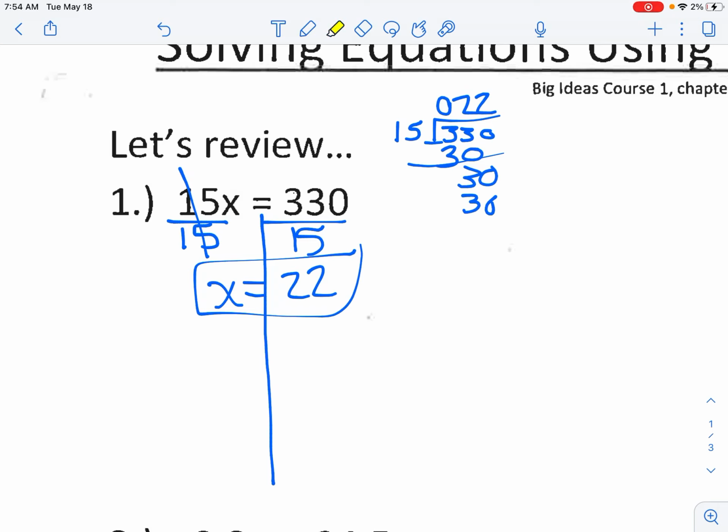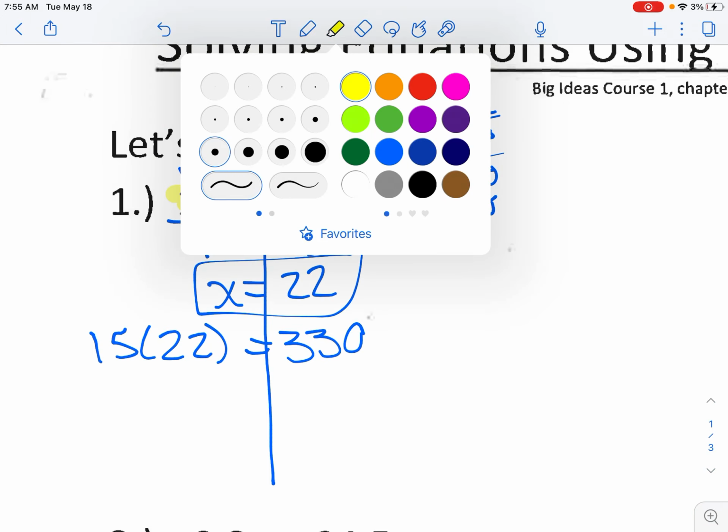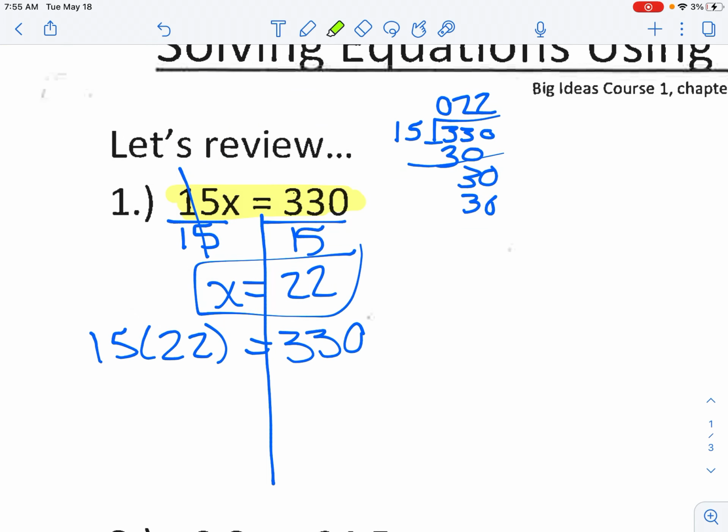Now comes substitution. Substitution is when we rewrite 15x equals 330, but we're going to substitute 22 for x. So we're going to say 15 times 22 equals 330. Now, this is a step that a lot of kiddos don't show their work on.